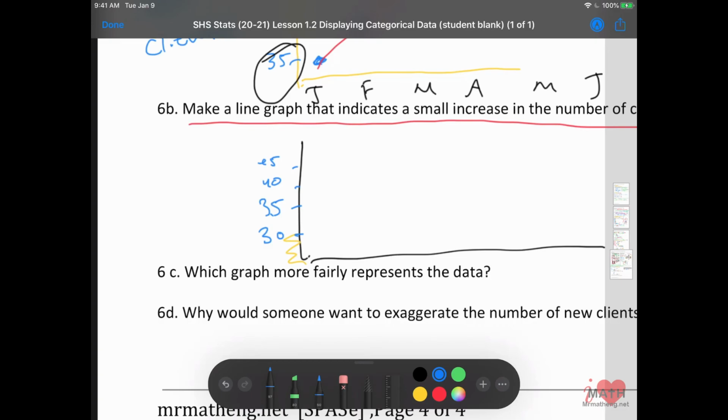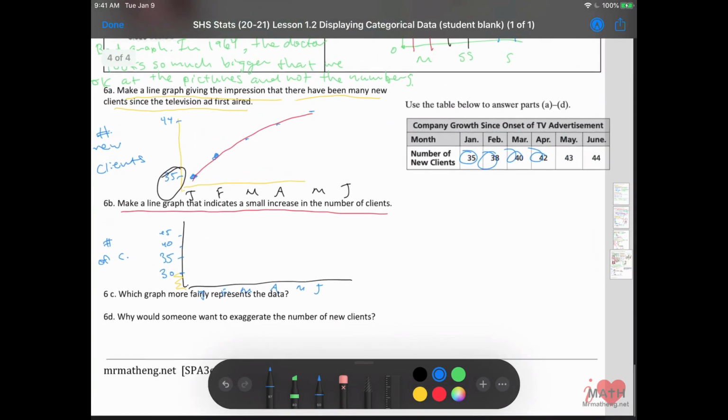And same thing, January, February, March, April, May, and June, and this is the number of clients. And maybe you're trying to argue that, you know what, your friend over there didn't really do such a good job. So then January is 35, 38, maybe 40, 42, 43, and 44, and then you're saying that it's more flat.